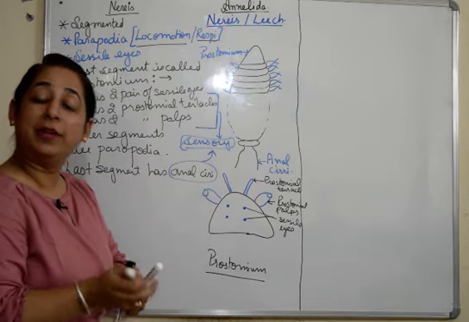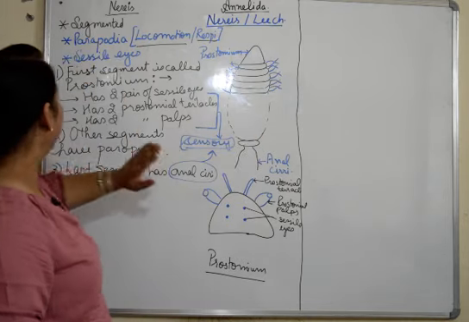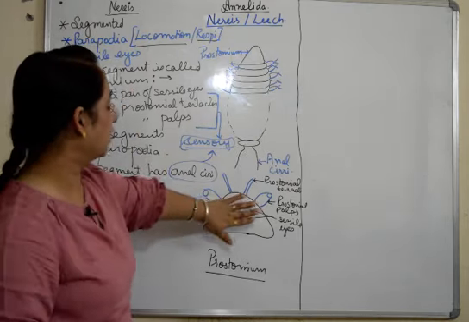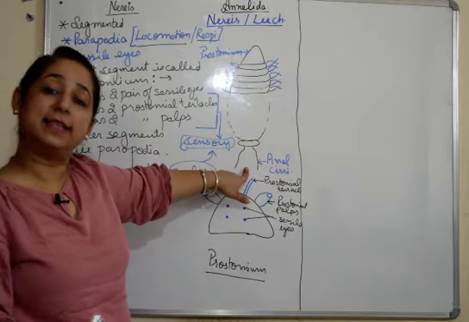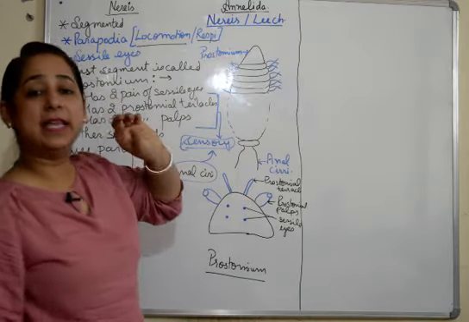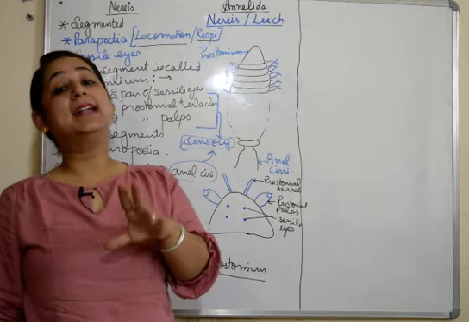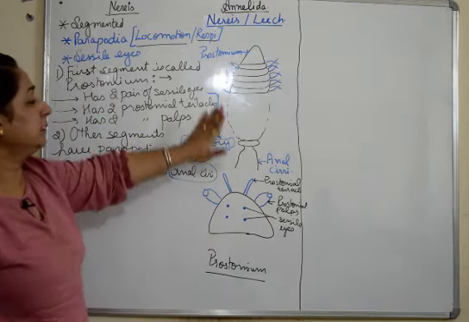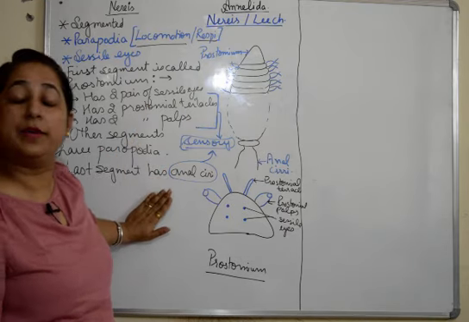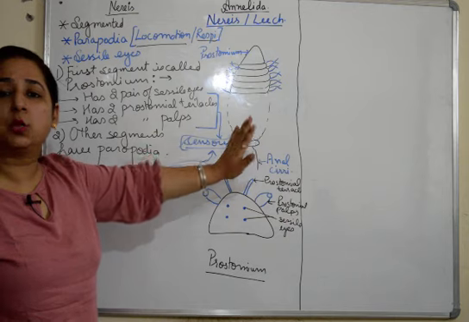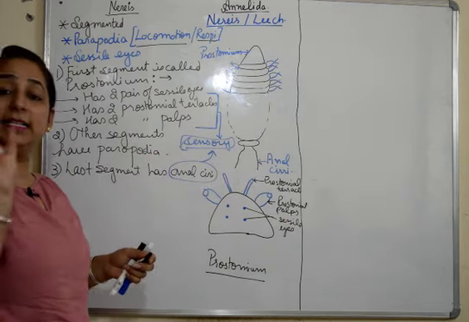So if I collectively tell you, in this Nereis, in the first segment the structures which are present all are sensory in nature. Last segment has a structure anal cirri, sensory in nature, and the middle segments have structures known as parapodia, responsible for locomotion and respiration. So this is about the segments, which are all unique features restricted to Nereis only. Now we are going to talk about a specific feature, that is reproduction.